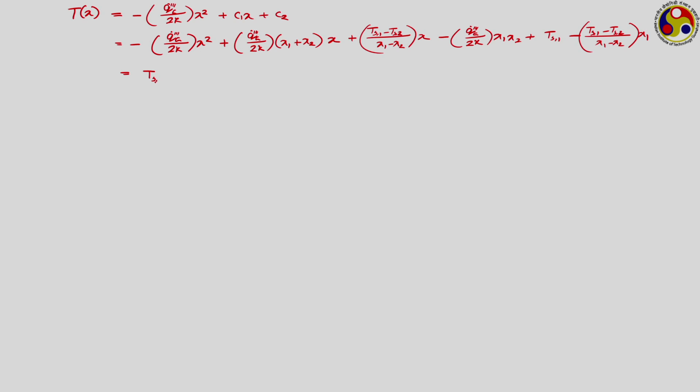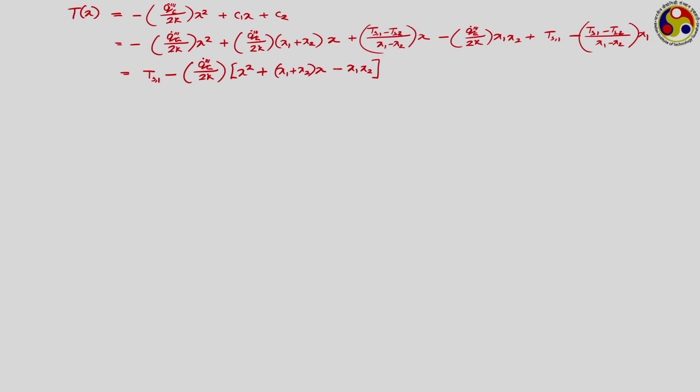So, let me write that T s 1 first. Then there are 3 terms I can identify involving that q 0 triple prime upon twice k. So, I am writing that together, taking that together minus q 0 triple prime upon twice k, inside I have an x square plus x 1 plus x 2 into x and another x 1 x 2 coming from the other side.